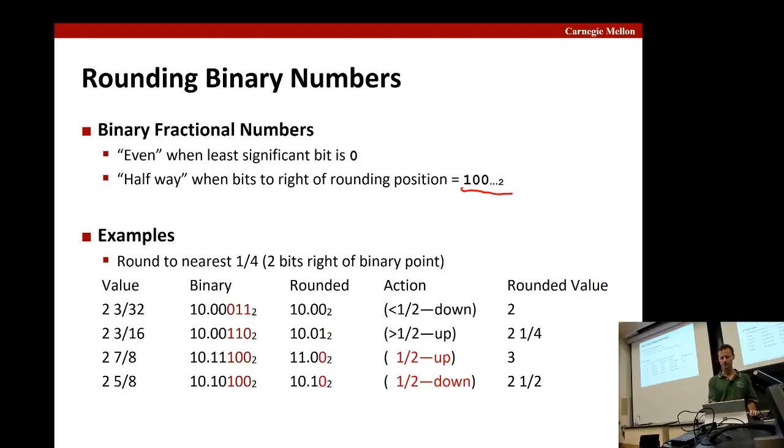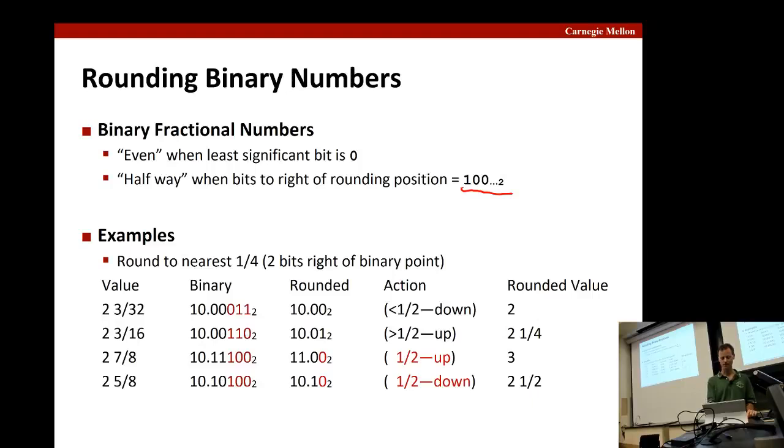Since 0, 1, 1 is less than halfway, which is 1, 0, 0, you round that one down. Conversely, the next one you round up because you're above 1, 0, 0. And now the last 2 cases are exactly at 1, 0, 0, so you want to round to the even.